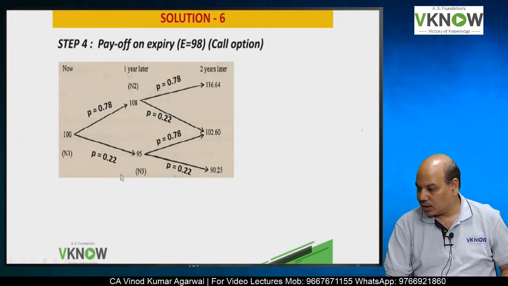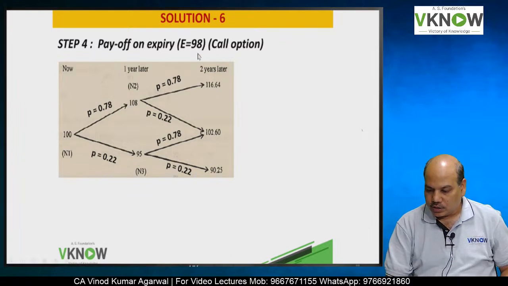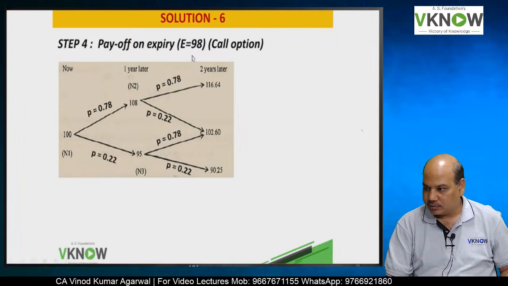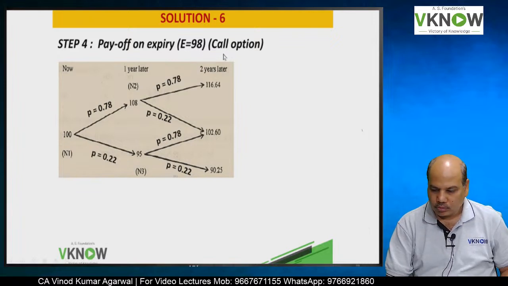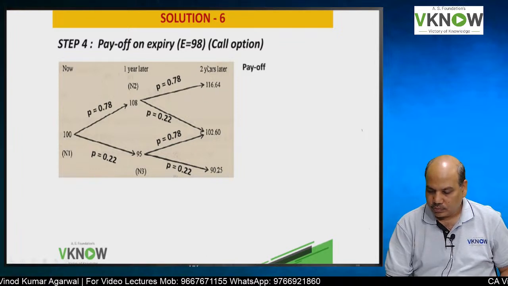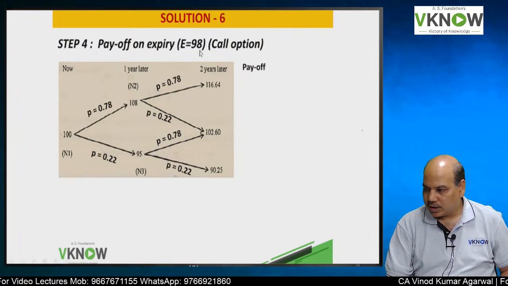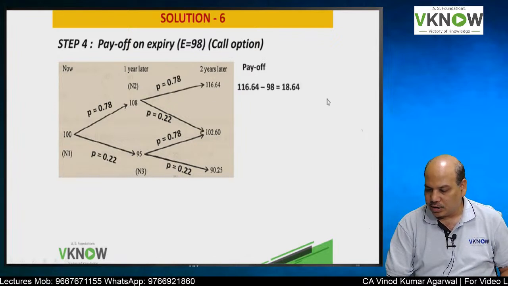Okay, now I'm going to ask you a question. Exercise price is 98 and market price can be 116.64. So if I wait till 2 years, what will be payoff? 116.64 minus 98, because it is more than 98.